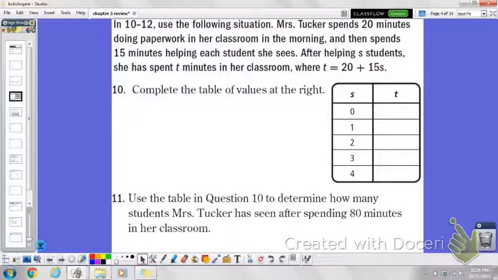The next problem says in 10 through 12, we use the following situation. Mrs. Tucker spends 20 minutes doing paperwork in her classroom in the morning and then spends 15 minutes helping each student she sees. After helping S students, she has spent T minutes in her classroom where T is equal to 20 plus 15S. We will need to complete the table of values at the right.